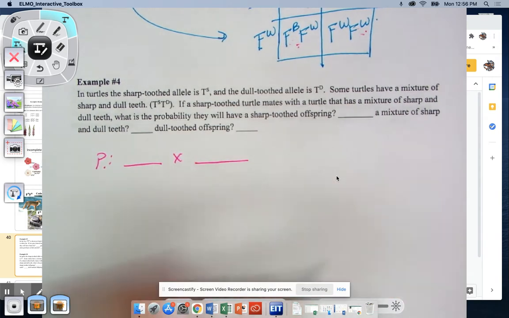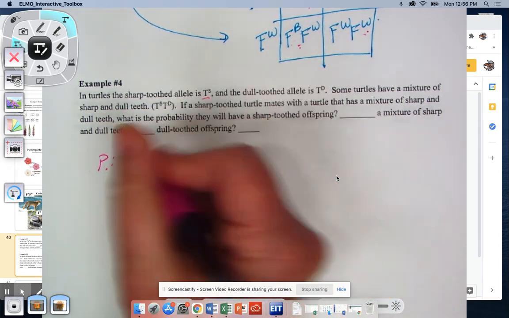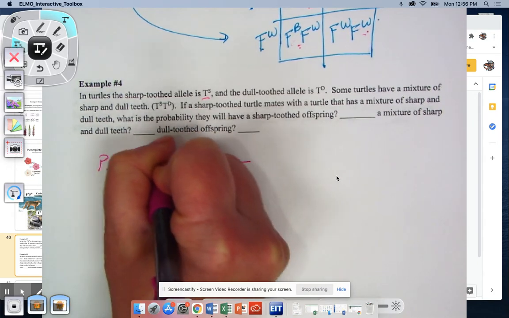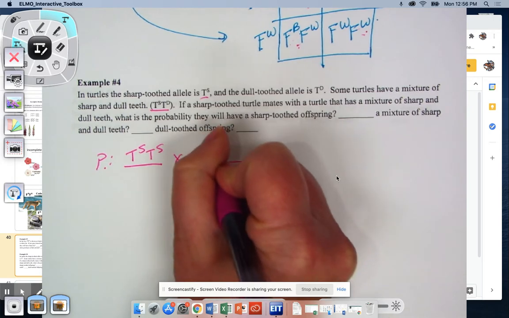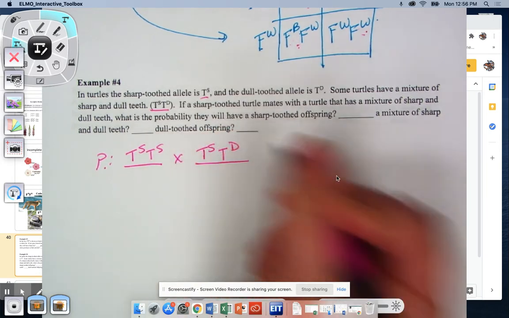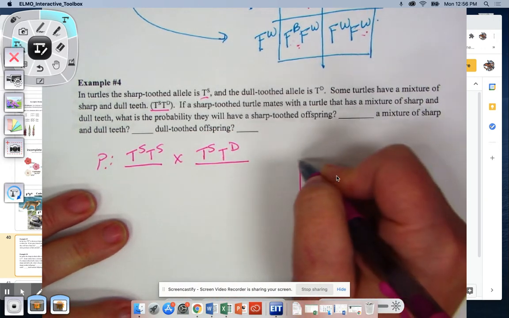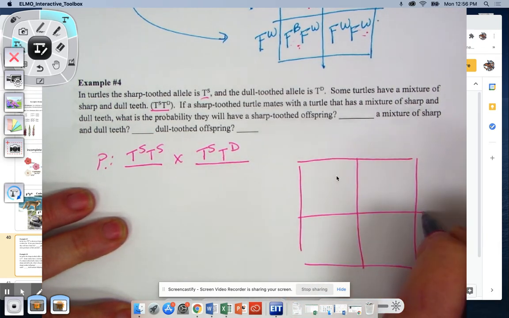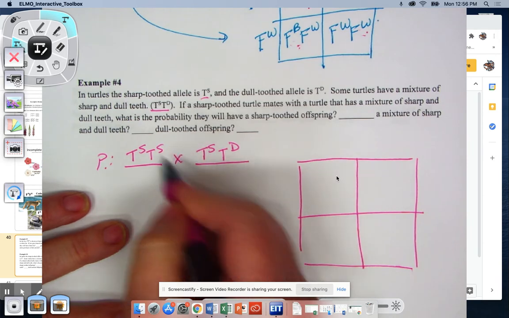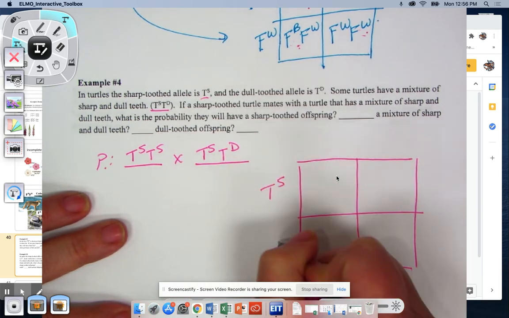All right, so what are our parents? If a sharp-toothed turtle mates with a mixture. So a sharp tooth would be 2 of these, TS, TS. A mixture is this one, TS, TD. Drawing in, first parent goes on one side.